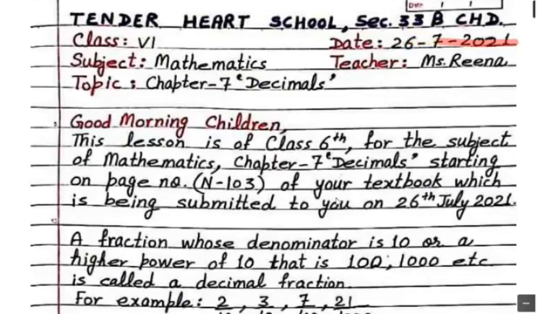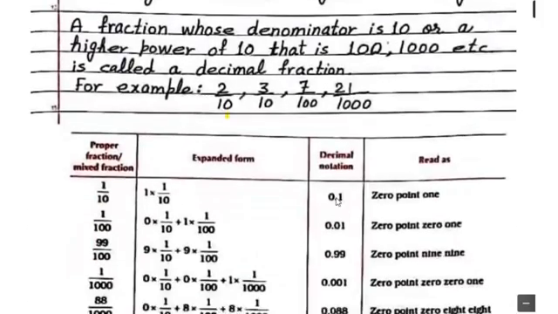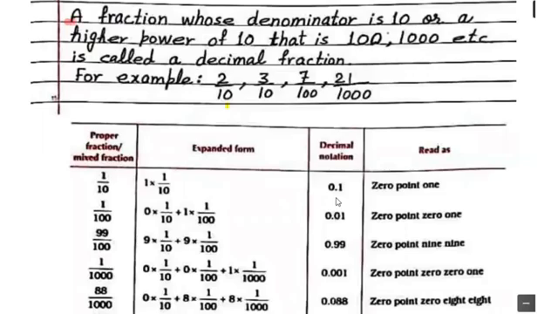Children, in today's lesson, we are going to discuss decimals. A fraction whose denominator is 10 or a higher power of 10, that is 100, 1000 or 10,000, etc., is called a decimal fraction.